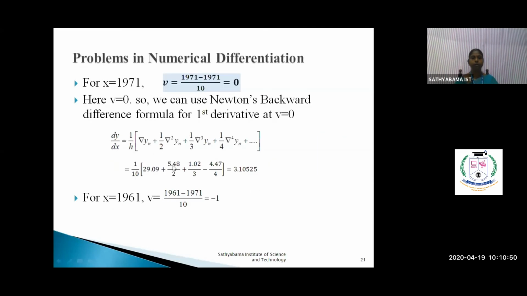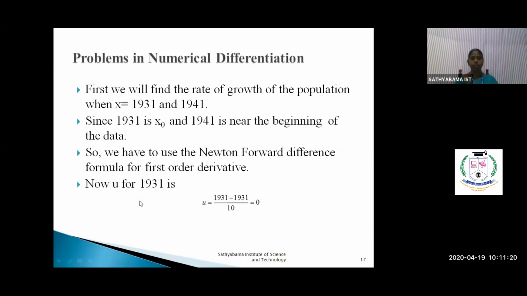Del yn, del square yn is this, del cube yn is this, del power 4 yn is minus, so I put minus 4.47 by 4. And when I simplify this, I'll get 3.10525. So this is the rate of growth of population in the year 1971, that's at x is equal to xn. And one more year is pending. What is that? The year 1961. Look at the table again.